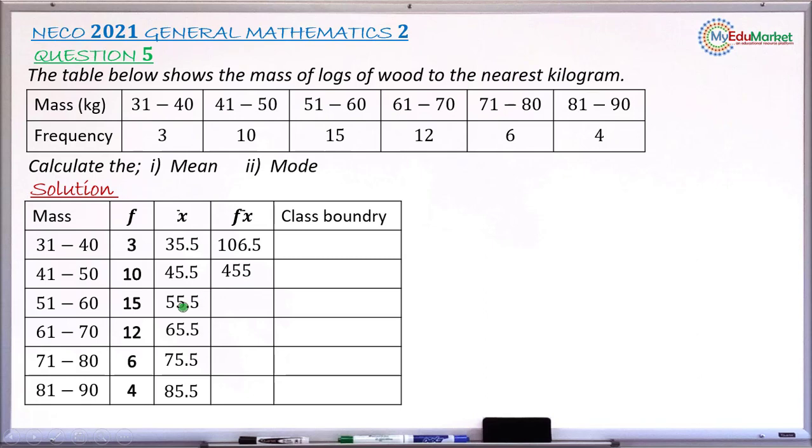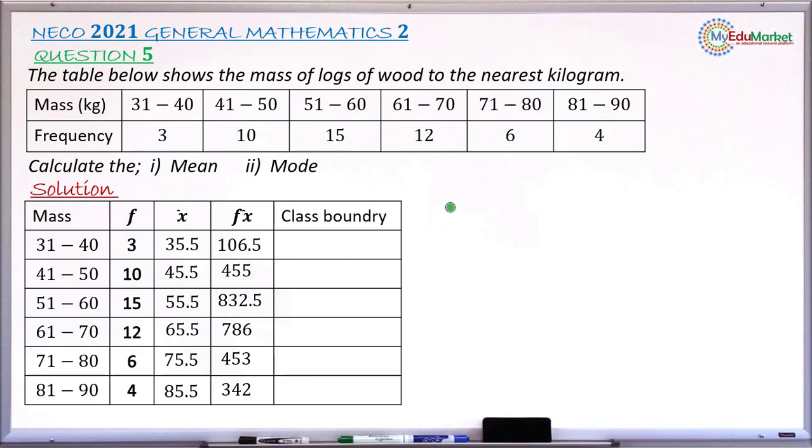Next, 55.5 multiplied by the respective frequency 15 gives 832.5. If we continue like that, you have 786, 453, and 342. So this is your fx bar. It is this fx bar that I'm going to add all together and divide by the summation of f. That will give me the mean.